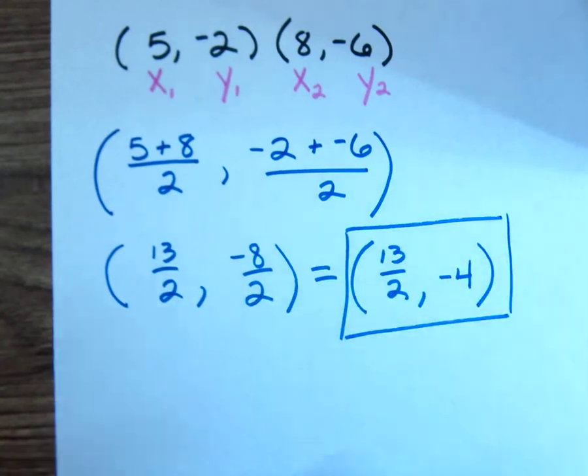And I don't need to worry about exact answer versus approximate answer because it's fractions and whole numbers. Those are both exact and, I guess, approximate because you can't do any better than those. That's as accurate as you can get. You could put 6.5 if you felt like it instead of 13 halves, but same thing.